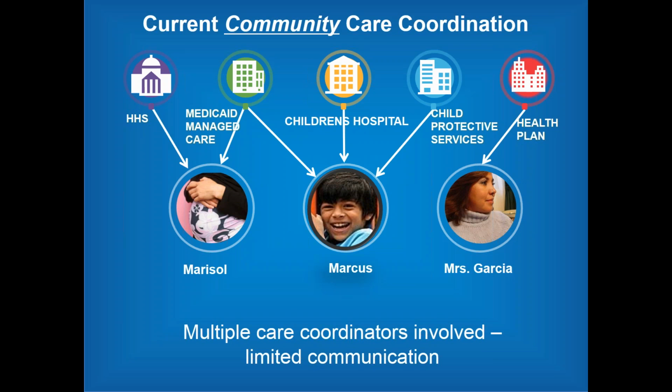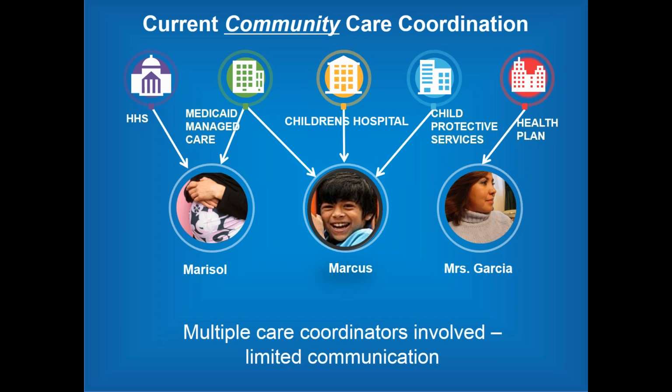Marcus could have the home visitor providing the asthma education, and grandma could have a diabetes self-education class to go to. When I was in Minnesota a few months back, one of the state folks I was talking with pulled me aside and said, I just had a call from a family the day before, and they had 15 care coordinators in their home last month and didn't want anybody to come back. So we're not being very family or person friendly when we're sending all of these care coordinators into a home.